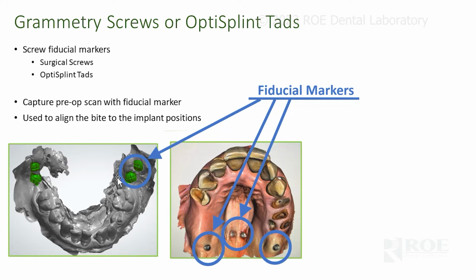You have to capture that position before the teeth are extracted and the bone is leveled, or whatever the surgery is going to be, and then you capture these after, right? So now you have a before and after, just like you have teeth in a regular type of situation. Instead, these kind of replace the teeth as the bite. Okay, you'll kind of see more as we go through.